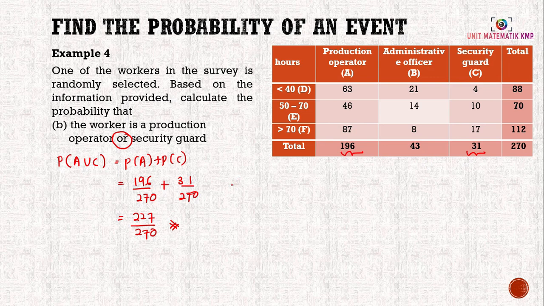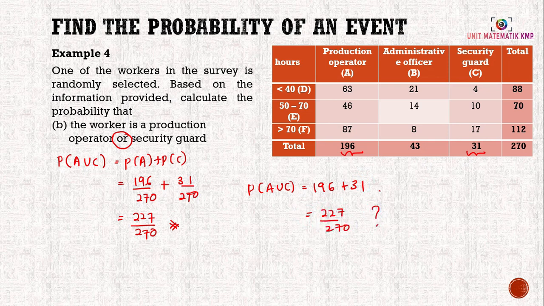Okay, di note here, take note sikit, awak tak boleh tulis dia punya jawapan sebagai 196 tambah 31 saja. Contoh kalau awak buat P(A union C), and then you write it as 196 plus 31, and then tiba-tiba dapat 227 over 270.